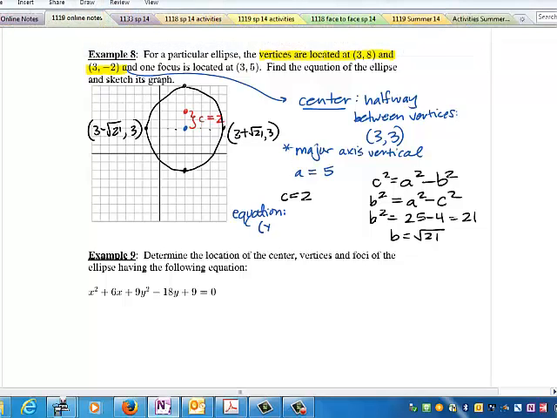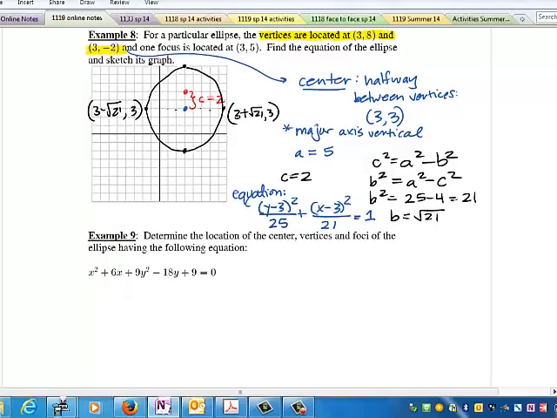So y minus 3 squared over 25 plus x minus 3 squared over b squared, which we figured out was 21, equals 1. Okay.